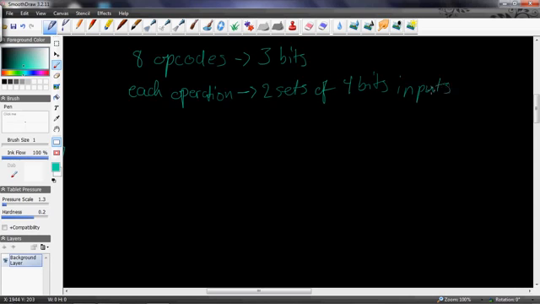Now what that means is, say I have my AND block, I would have A, which is 4 bits wide, and B, which is 4 bits wide, and the output, of course, would be F, which is also 4 bits wide, and that's what makes it a 4-bit ALU.